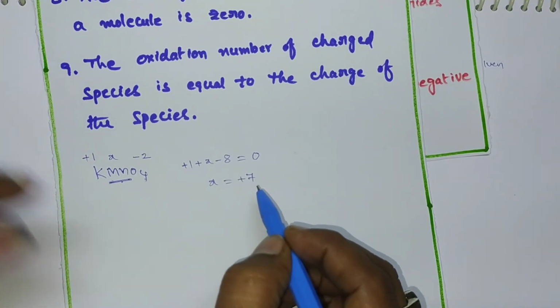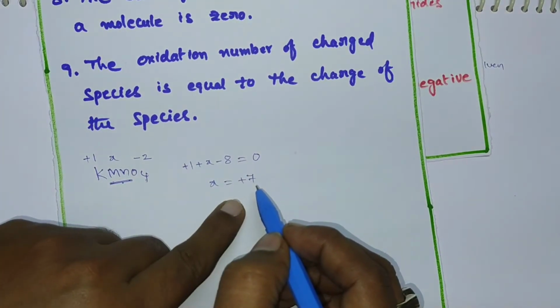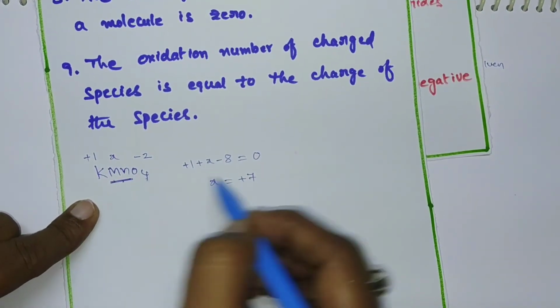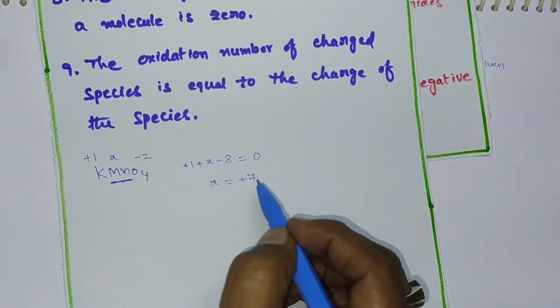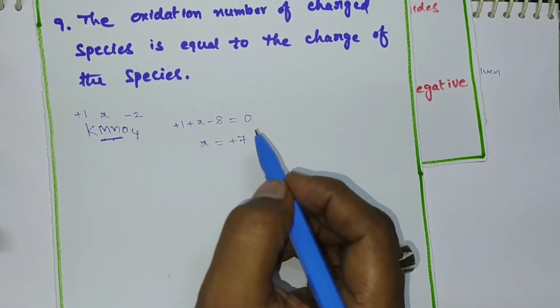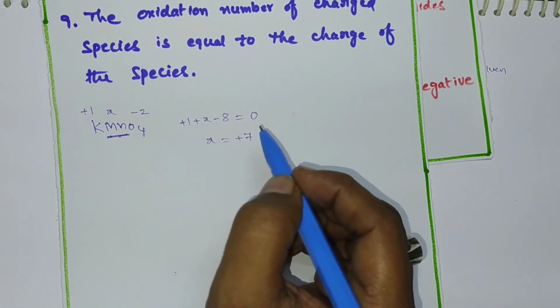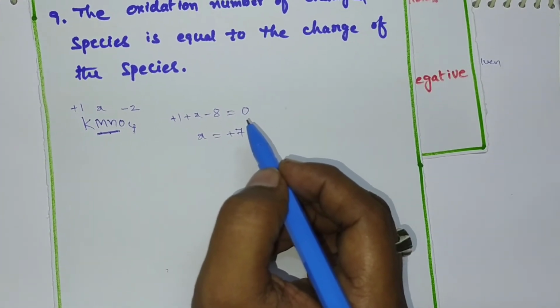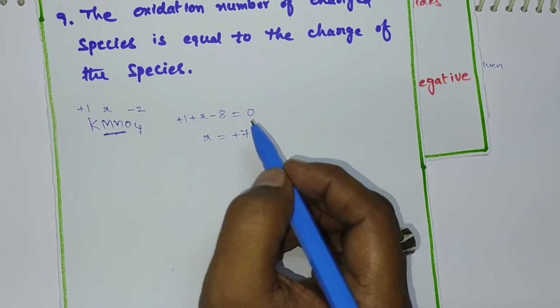So what is meant by +7? That means manganese loses 8 electrons to get some stable oxidation state. Oxidation state means the element loses some electrons or gains some electrons. Elements exhibit oxidation states by losing or gaining electrons to get stability.